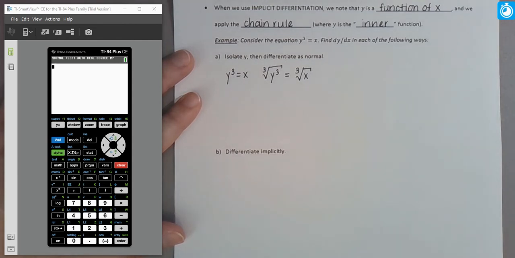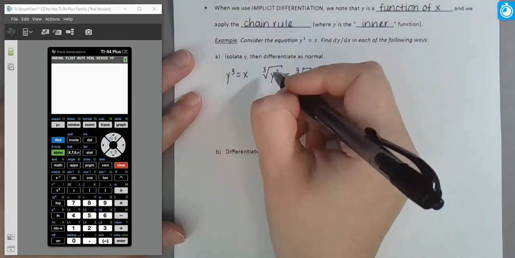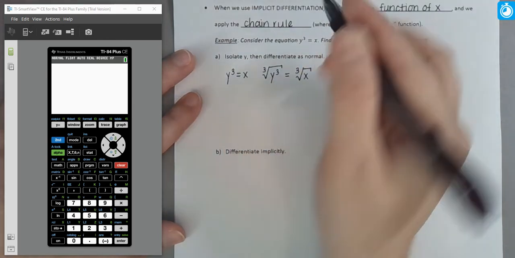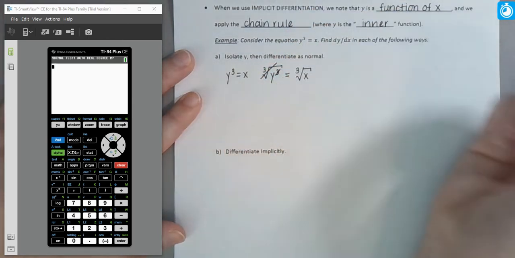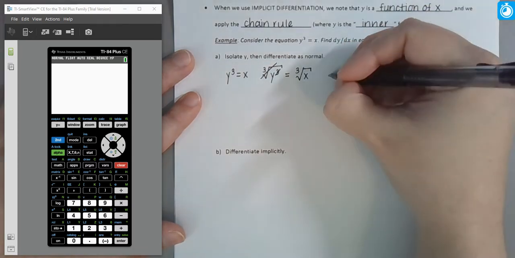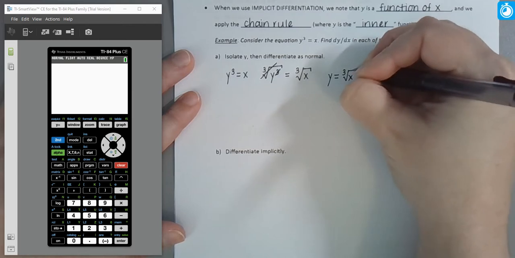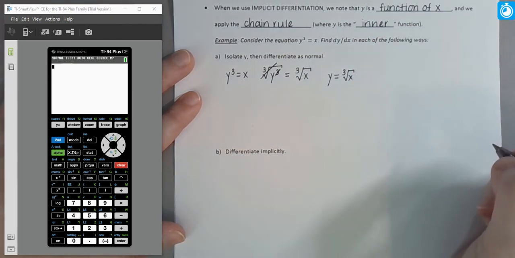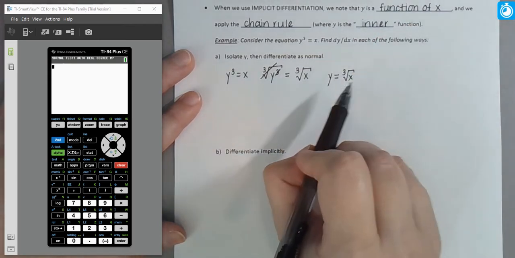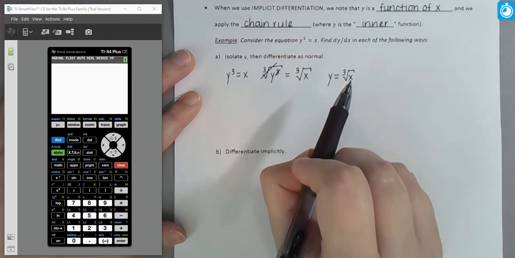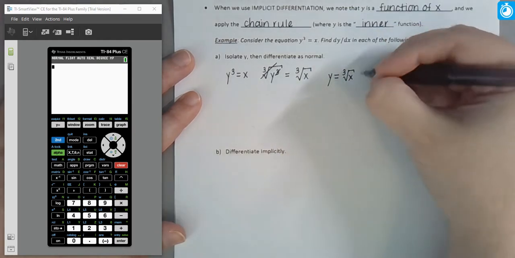Now, how does taking the cube root help us? Well, if we want to eliminate a cube, we take a cube root because those are inverse operations. And so we're left with y is equal to the cube root of x. Now, normally when we differentiate something with a radical, we like to start by putting that in exponential form.